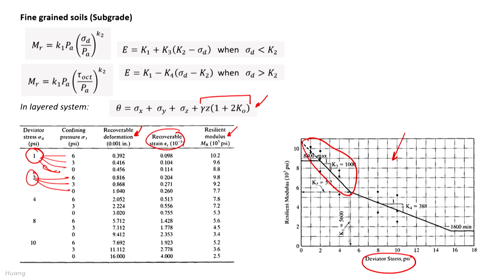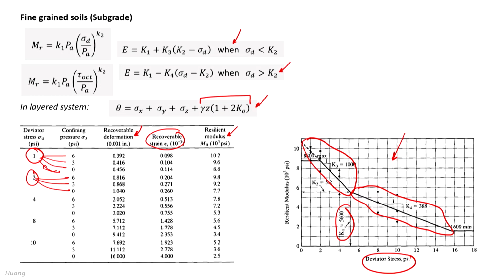So, there is a particular way the resilient modulus is varying with increase in the deviatoric stress, and after a particular value of K1, which is a model parameter, the value of resilient modulus changes. So, for the same curve we have two equations depending on the value of the deviatoric stress, alright.